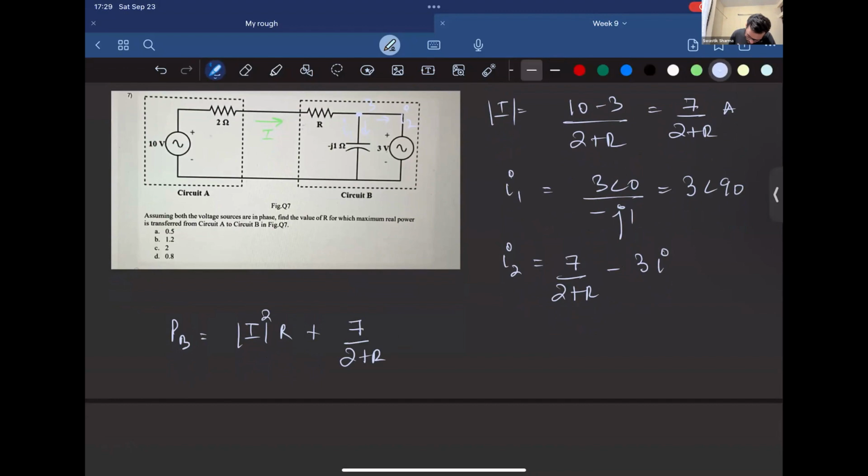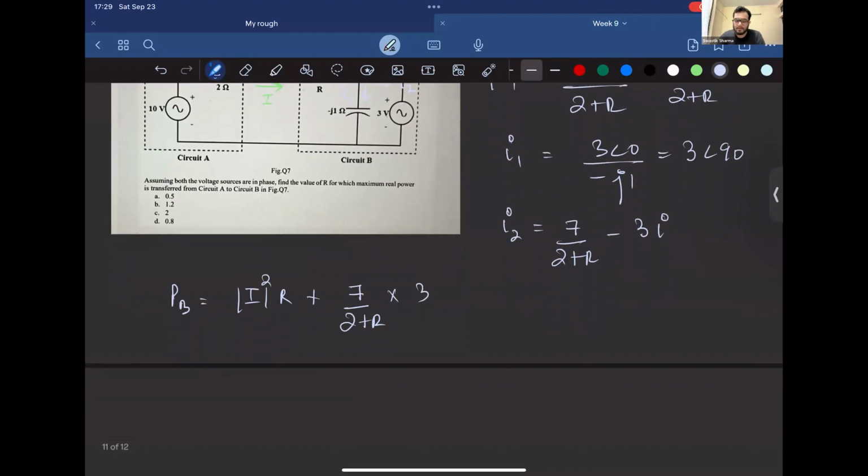So the 3j part would be zero. You need to calculate that into 3, right? So that's how we can calculate the power that is being received by the circuit present at B.